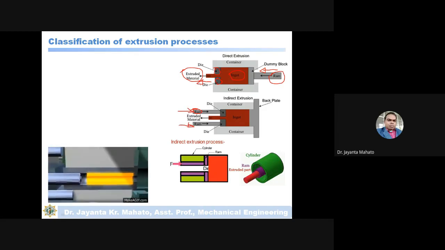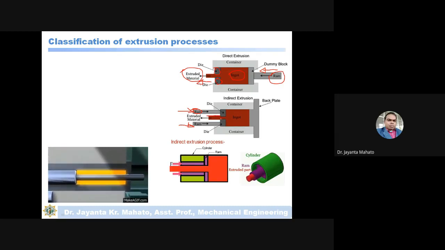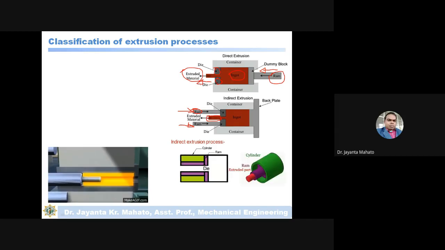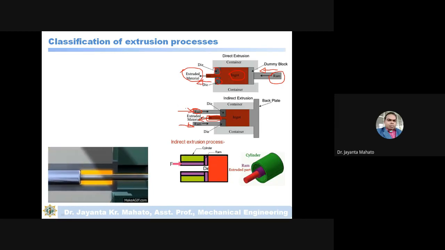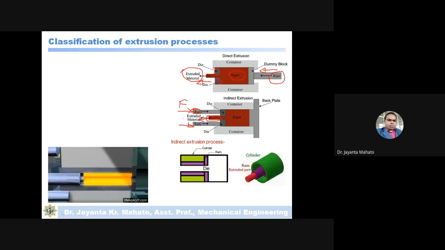In this case, you are applying the force in this direction, but the extruded material will come out from the die in this direction. So the direction is opposite: the direction of applying force by the ram and the direction in which the extruded material comes out of the die are opposite.